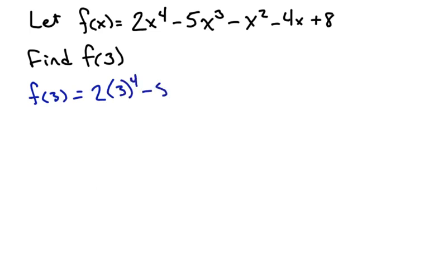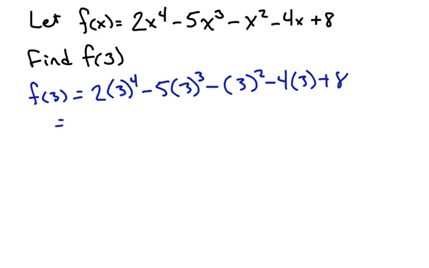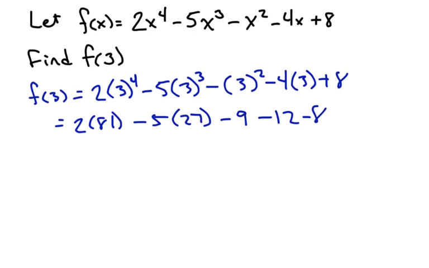So we take all those x's out, plug 3 in, and start simplifying. So that'll be 2 times 81, minus 5 times 27, minus 9, minus 12, plus 8, which is 162, minus 135, minus 9, minus 12, plus 8.